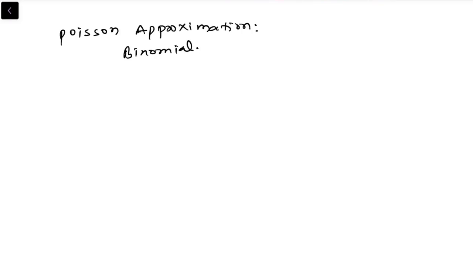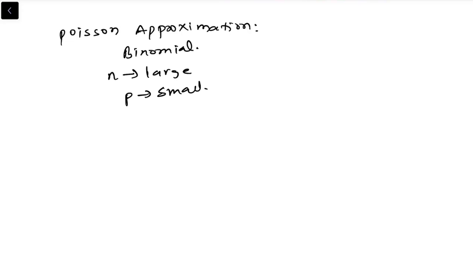Now let's look at one more concept, Poisson approximation. The Poisson distribution provides a very good approximation to the binomial distribution when n is large and p is small.